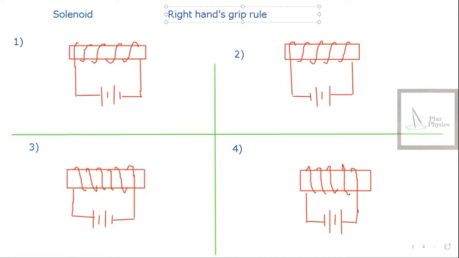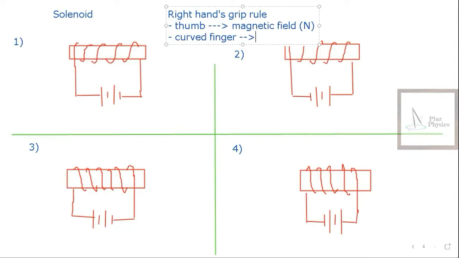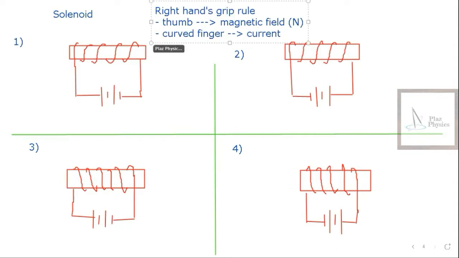Similar to the straight wire, but your thumb now becomes the magnetic field, which is north. The other curved fingers will be the current. You can imagine because we have many wires, so the wires represent your 4 fingers. So the 4 fingers mean the wire turns. After that, label positive, negative.